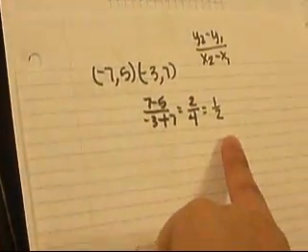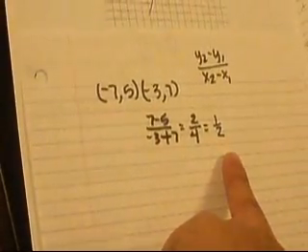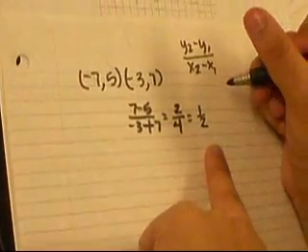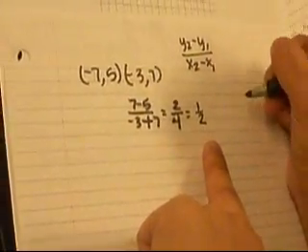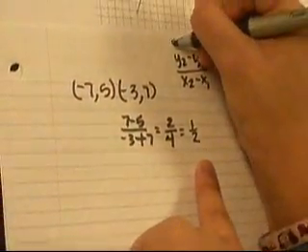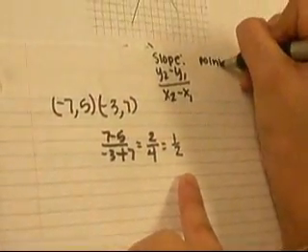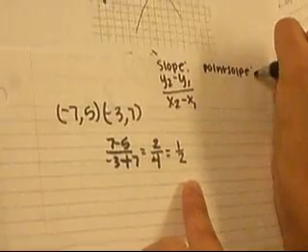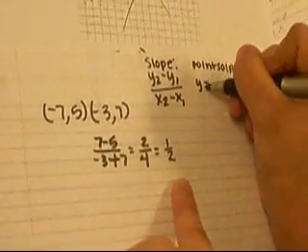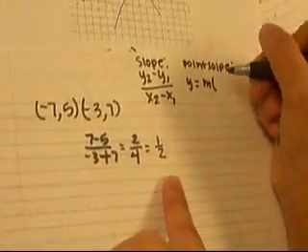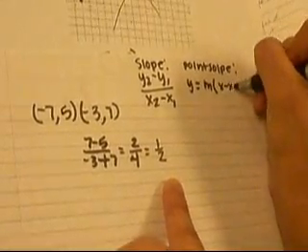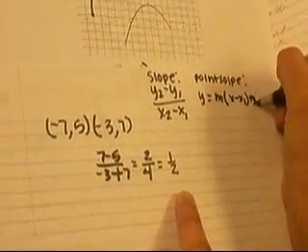I'm going to plug it into a different equation than Jaime did so you can see two different ways to do it. You would plug it in to the point slope formula, which would be y equals m parentheses x minus x1 plus y1.